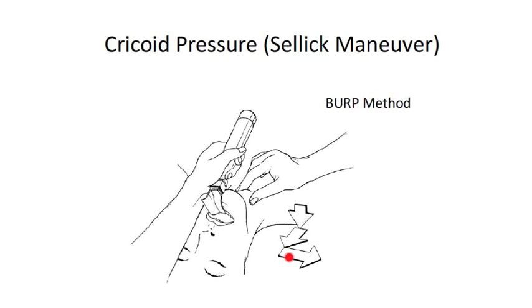The reason for the rightward position is that as you put in the laryngoscopic blade, you push the tongue to the left side, so by readjusting to the right side, you may improve the visualization.